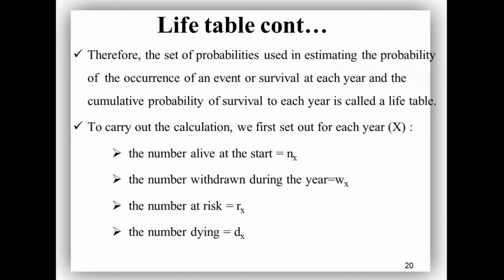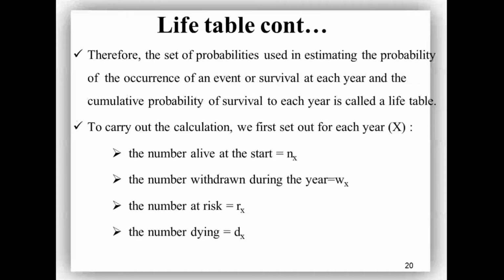To carry out the calculation, we first set out, for each year x, nx, meaning the number alive at the start, or at time x. The number alive at the start could be n0, for example. So nx means the number of individuals who are surviving at time x.